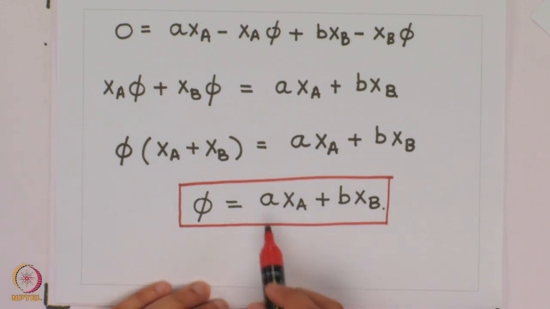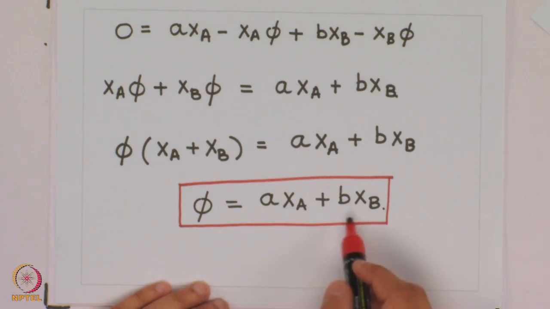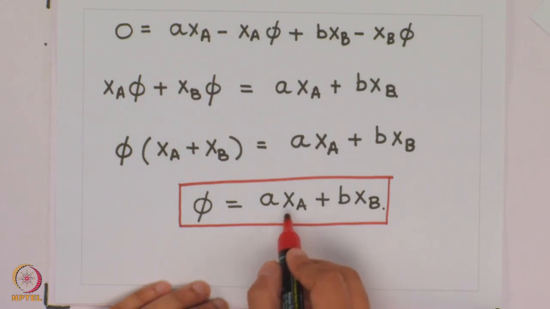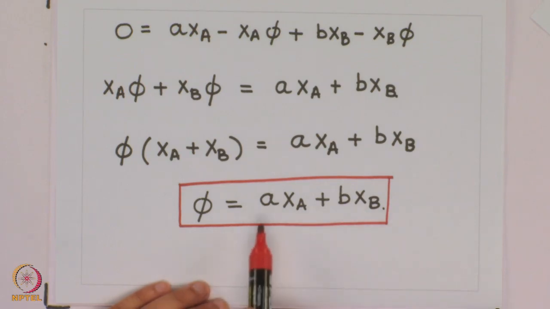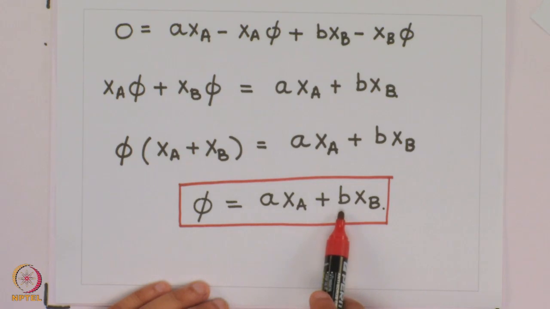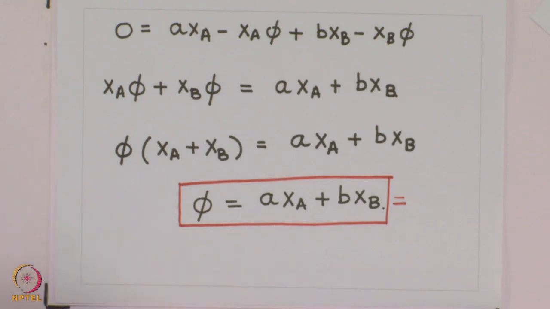A is the growth rate associated with genotype A, and b is the growth rate associated with genotype B. xa is the fraction of population which belongs to genotype A. xb is the fraction of population belonging to genotype B. So what this tells me is that the growth rate of A multiplied with the fraction of population belonging to genotype A, plus the growth rate of B times the fraction of population belonging to genotype B. This means that this is just equal to the mean fitness of the culture.